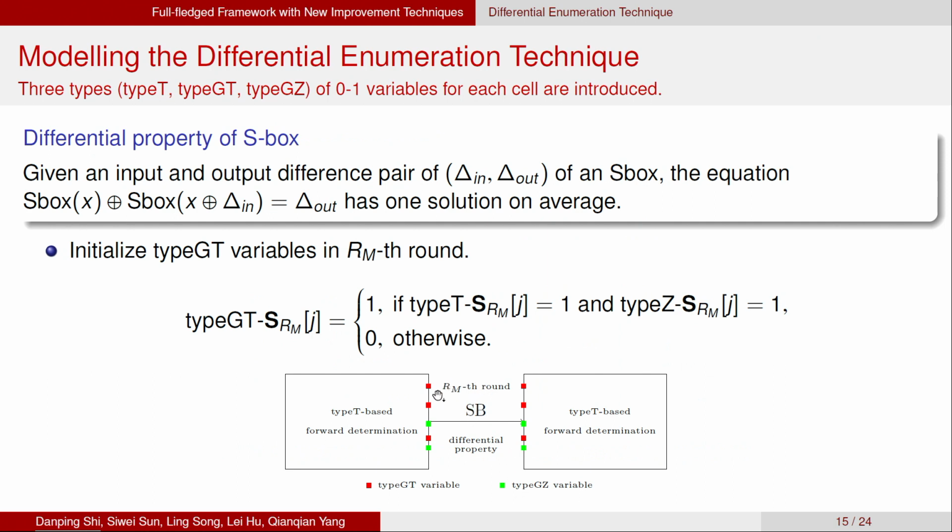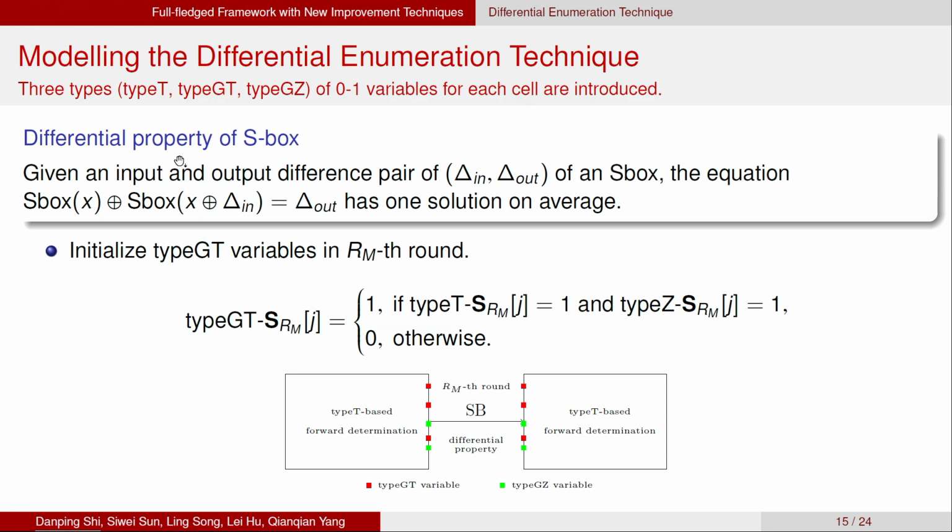Denote Rm as the round where the two trees meet. Then all the differences at these red bytes can be determined by several internal parameters, and these internal parameters can be described by type GT variables.